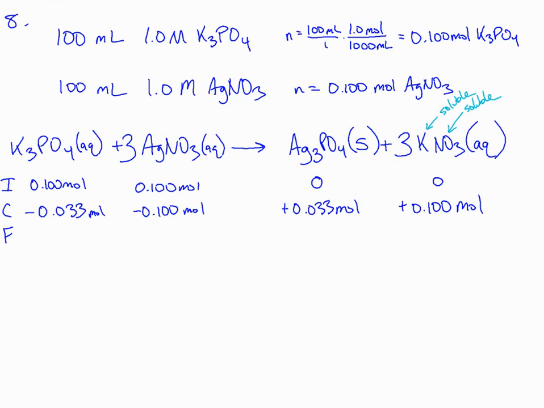So at the final, we have 0.067 moles of K3PO4. We have no more silver nitrate because we used it all. This would be our limiting reactant.